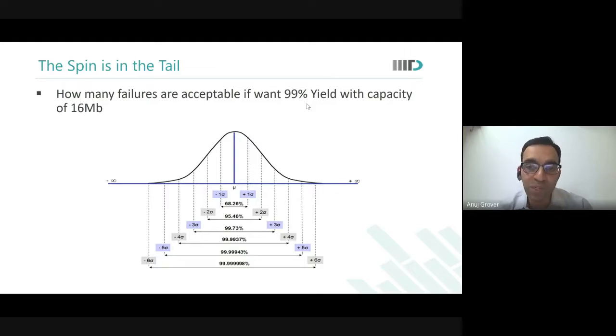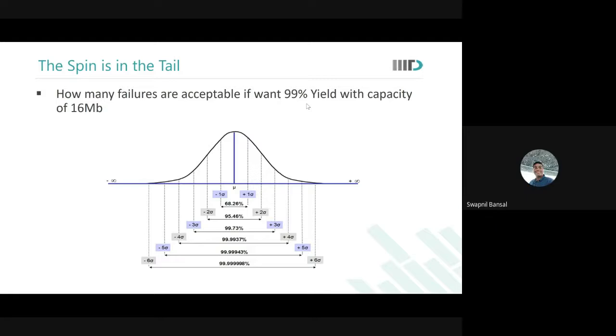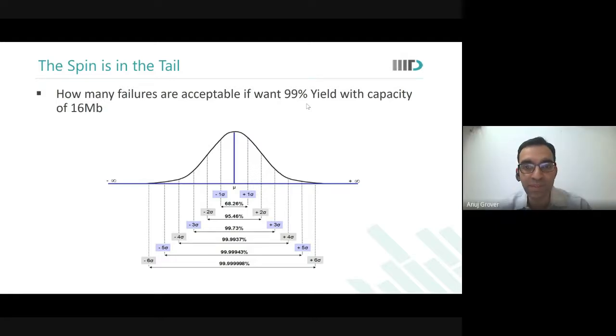How many sigma do you need to qualify? Do you realize even ±6 sigma will not suffice for you? So in reality, for 16 megabit, you need to qualify 6.12 sigma.